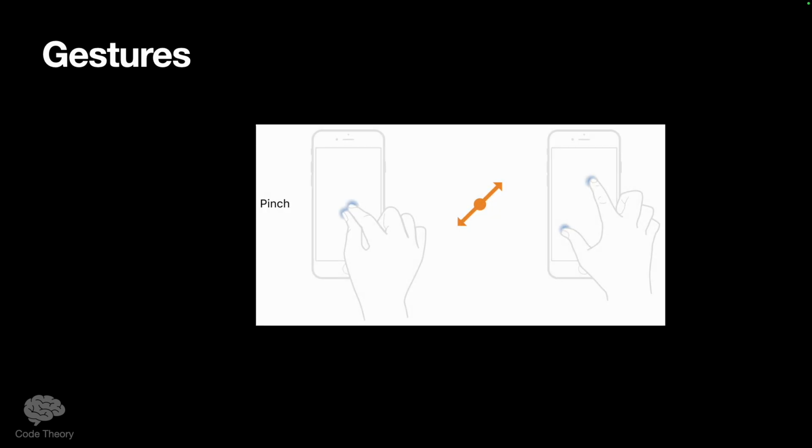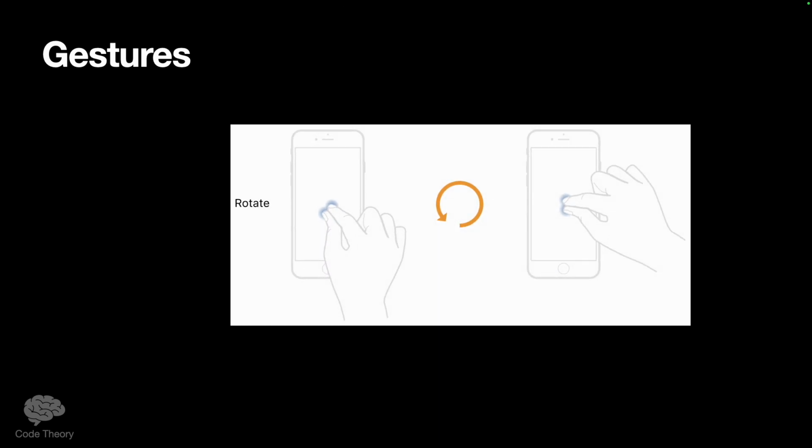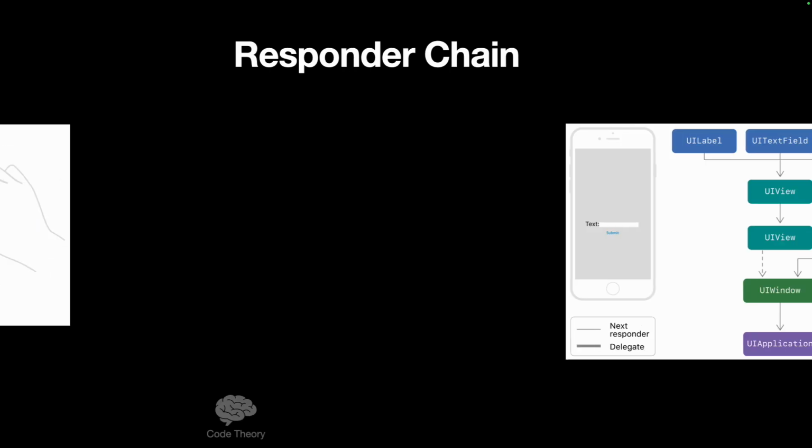There is pinching, where you have 2 touches and they go in and out, like when you zoom on your phone. That's a pinch gesture. And there is the rotate gesture, where you have 2 touches and then you spin and rotate. These are all different gestures that you can access with UIKit's gesture framework, tie to your views, listen for on your views, and then change your views based on the inputs that you get.